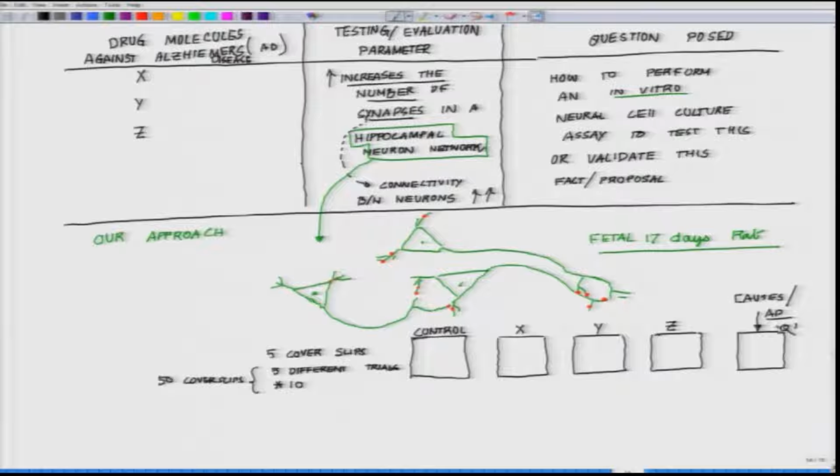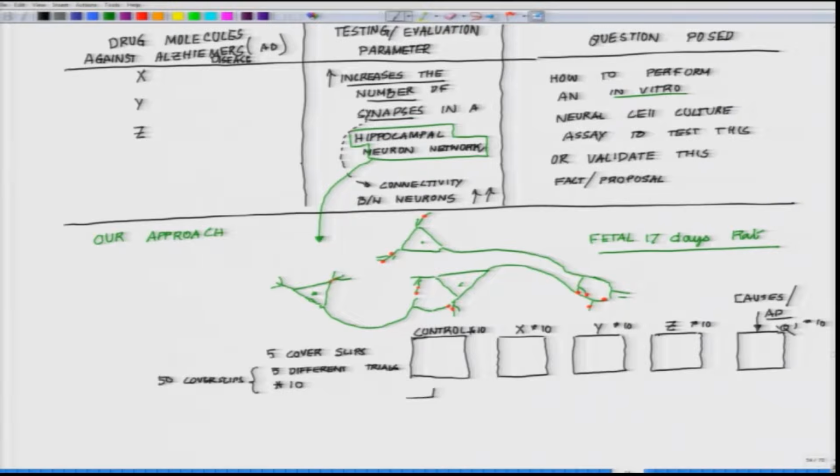This is all hypothetical. Now, on each one of these, you have multiplied by 10, multiplied by 10, multiplied by 10, multiplied by 10, 10. So, you have some 50 cover slips with 5 different possible treatments.